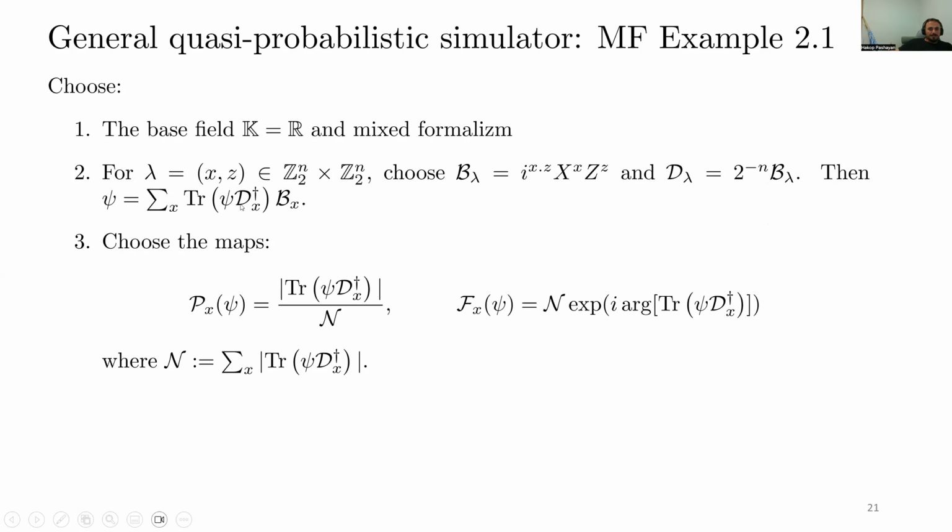And of course, we can write any state in this Pauli expansion using this equation. And now these probabilities are the absolute values associated with the Pauli coefficients of the state, and the normalization is the one norm of the Pauli coefficients.